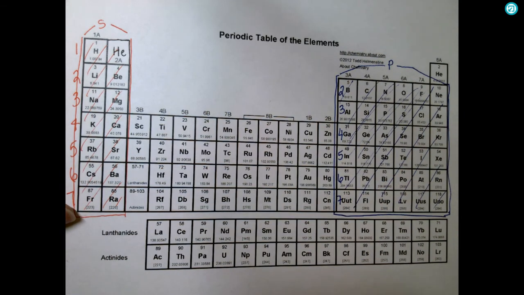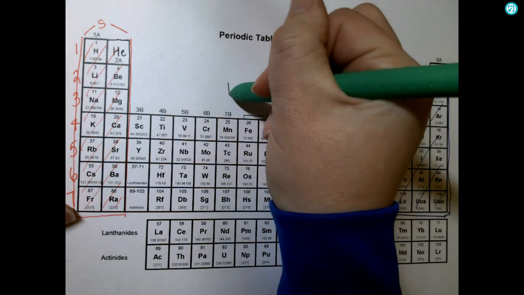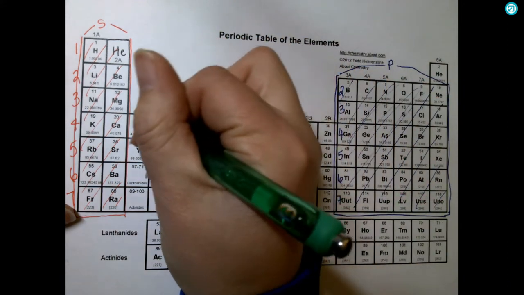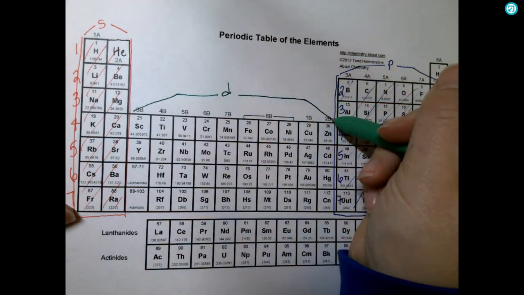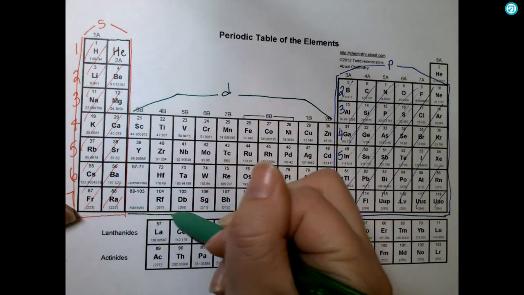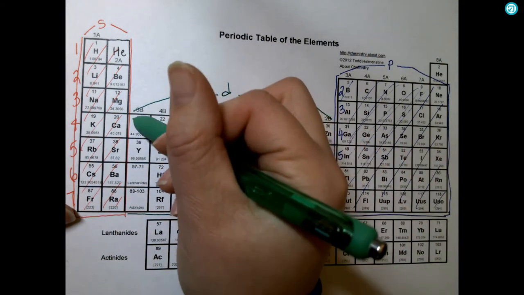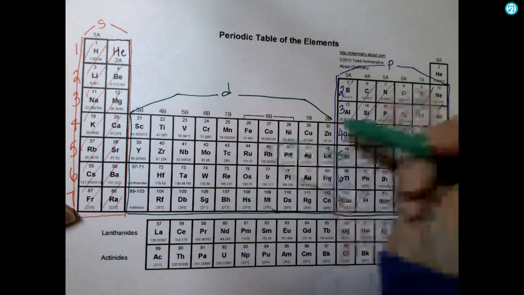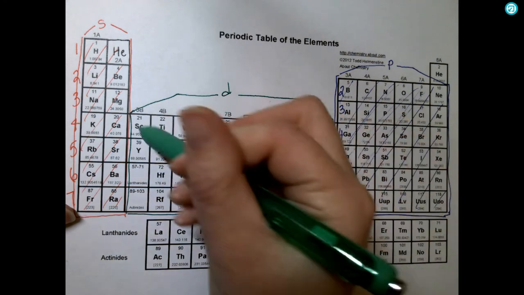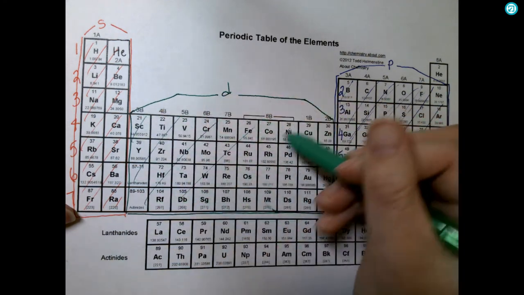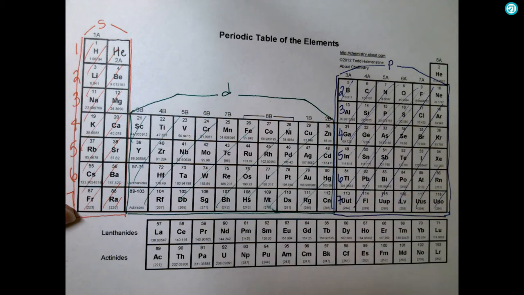Our next orbital is our D orbital, and that is going to be our transition elements in here. So anything in between our S and our P, it comes down there and there. This is our D block. Our D orbital is our third highest energy orbital.